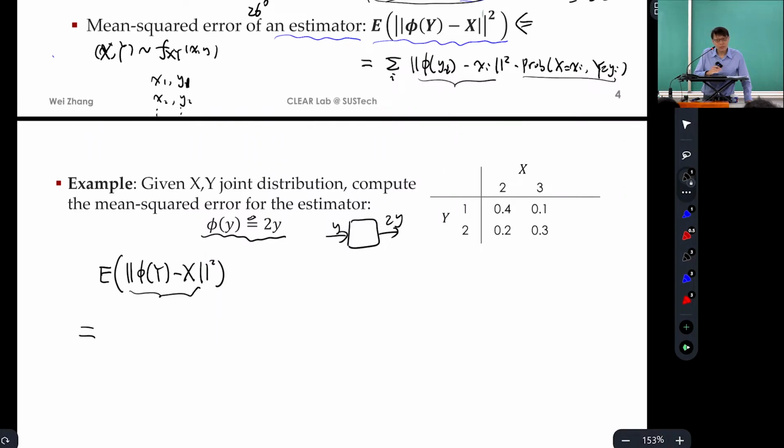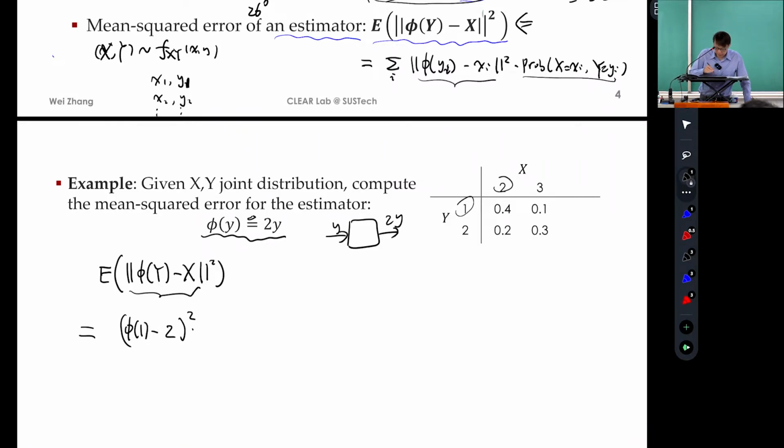Expectation is nothing but the summation over all the possible cases, the weighted sum of the values it takes. So for each pair of x and y, let's say y equal to 1, x equal to 2, that will be phi of 1 minus 2, squared, times the probability this case occurs.